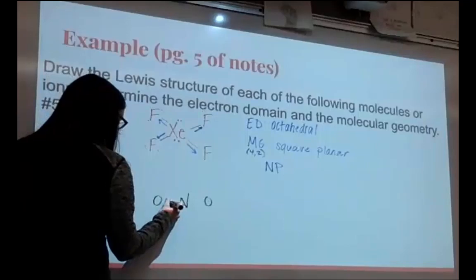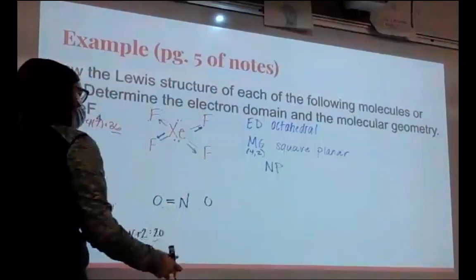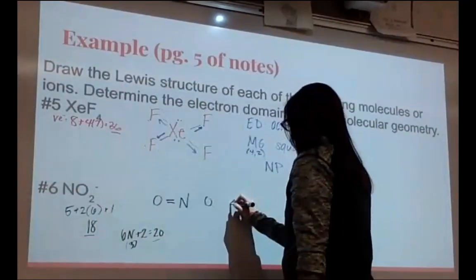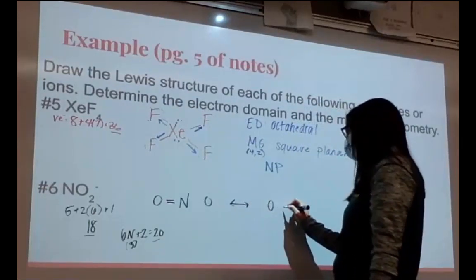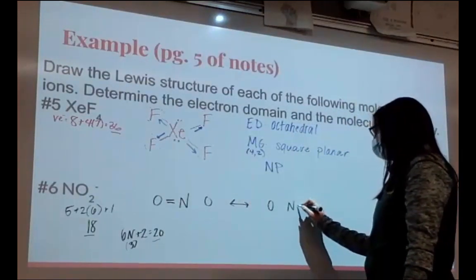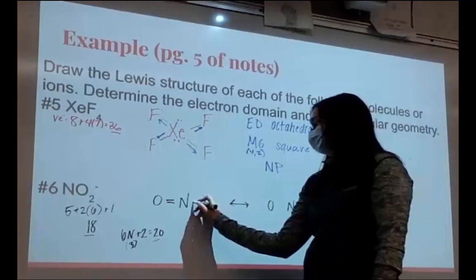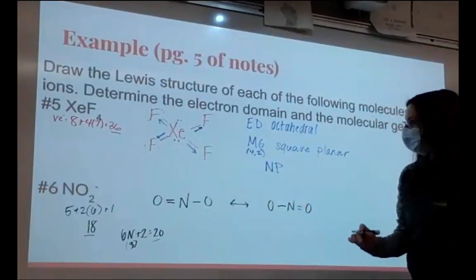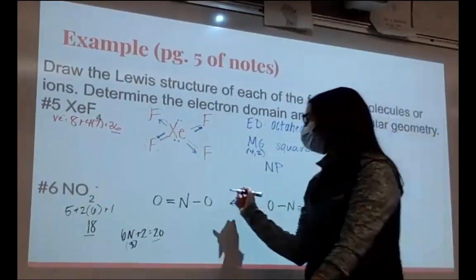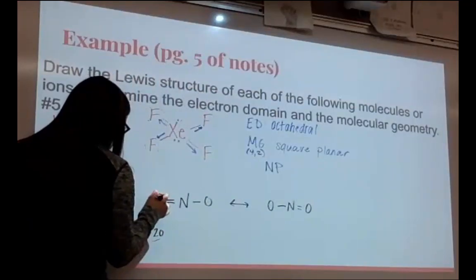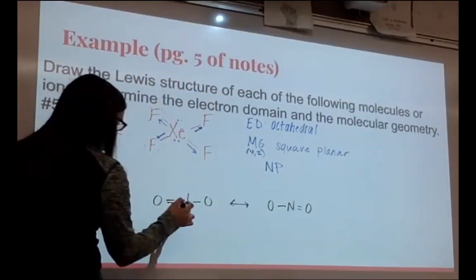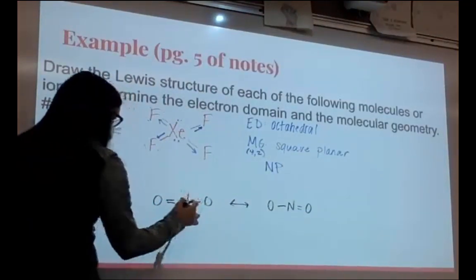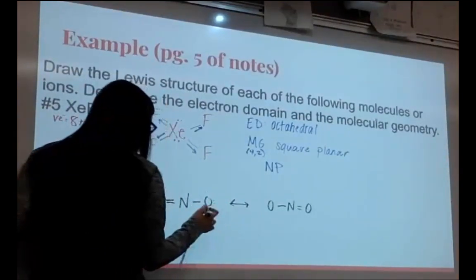I could put it here. I could put it here. That means we have a resonance structure. Double bond could be on either side. So I'll go through, fill in the octets. 2, 4, 6, 8, 2, 4, 6, 8.